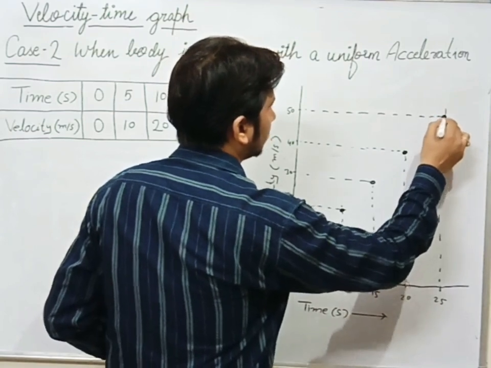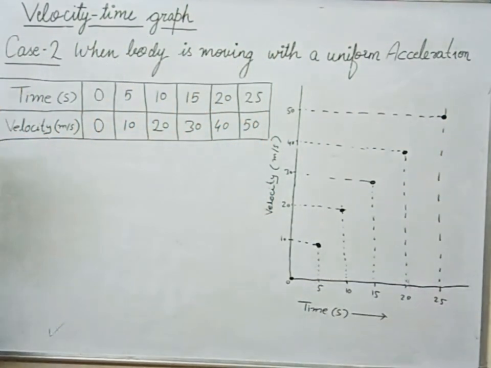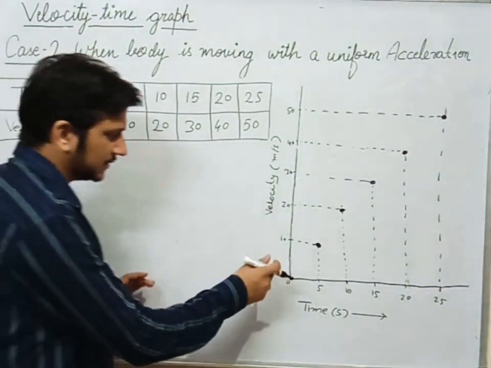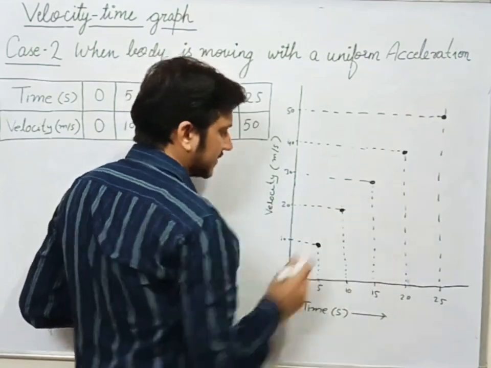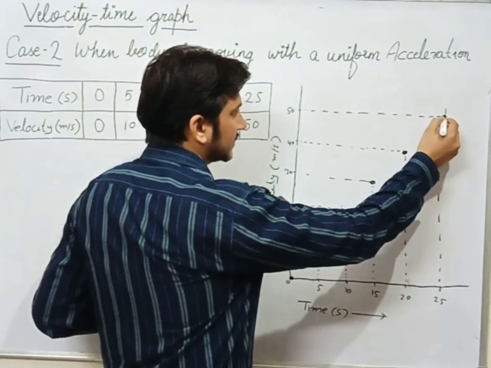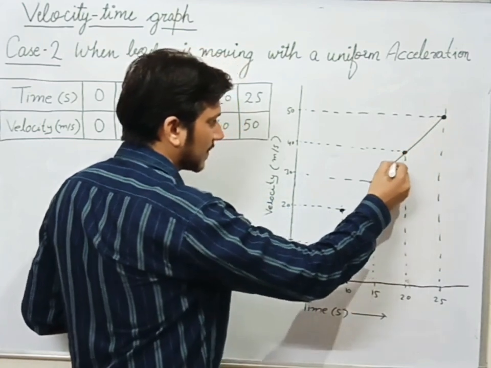So here we will mark it. Now we join these points, and we get a straight line like this.